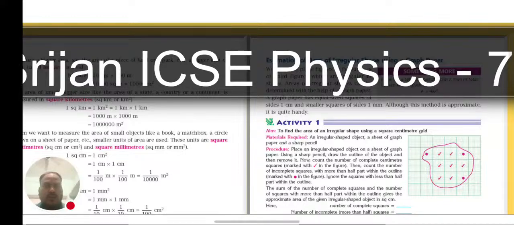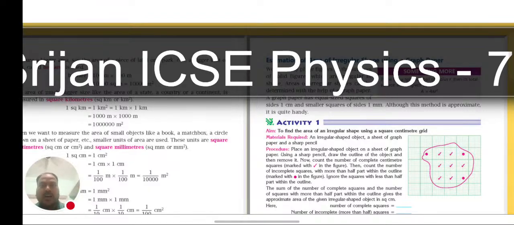Now the next point, square kilometer. 1 square kilometer equals 100 hectare. So 100 into hectare; 1 hectare equals how many meter square? We know that it is 10,000 meter square. So we will do the multiplication, 100 into 10,000 meter square.